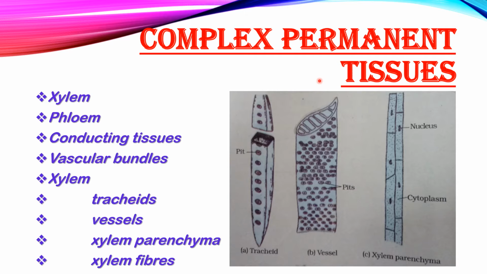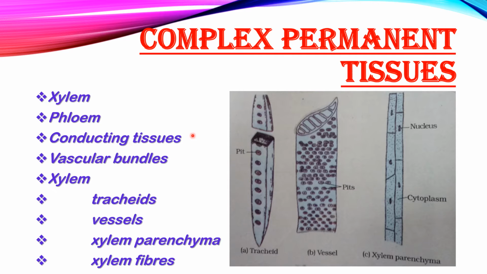Simple permanent tissue is made up of only one type of cells. Complex permanent tissue is made up of more than one type of cells, and they coordinate to perform one common function, and it consists of xylem and phloem. What is the function of xylem and phloem? Both are conducting tissues.